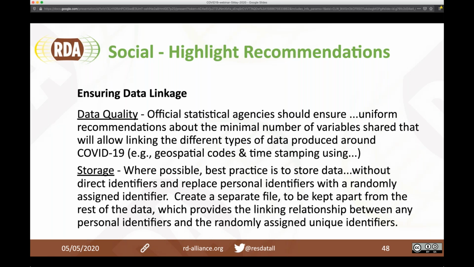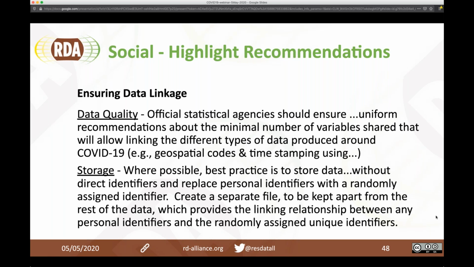So one is a recommendation that falls under the area of data quality, where we recommend that especially official statistical agencies ensure that there are, at a minimum, the kinds of variables that are part of data that they are sharing and collecting and making available that will allow linking to different types of data produced around COVID-19. So things like geospatial codes and time stamping.